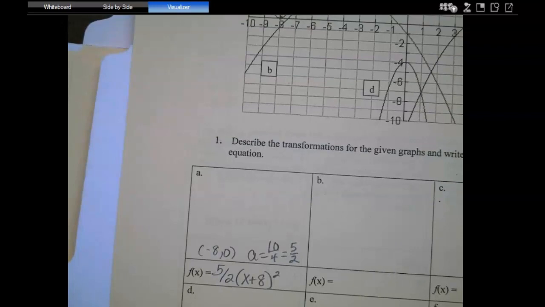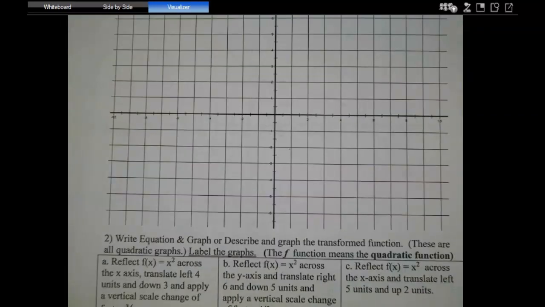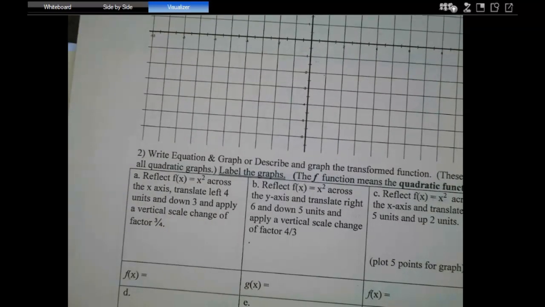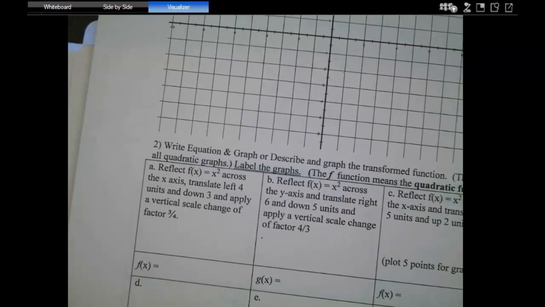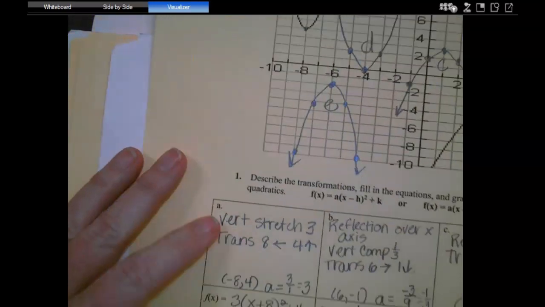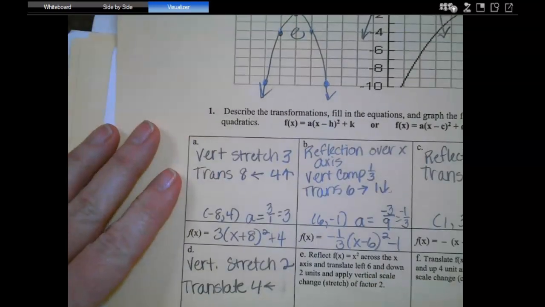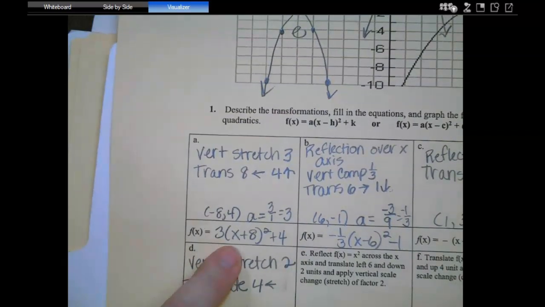Okay, the last thing I want to point out is on the back, the other side, on number E. On all of them, when we write our equations, you see how there's nothing in front of the x?